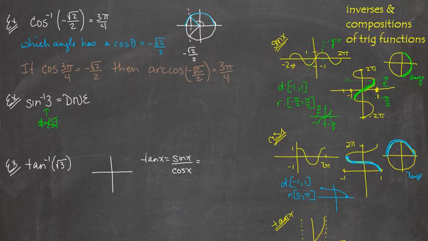But we need this to be root 3 over 1. Writing the tangent function as sine x over cosine x using the left-hand rule, we remember that that's root 3 over 2 and 1 over 2. Sine over cosine, the 2's cancel, leaving me the root 3. So I know that I'm looking for a point where y equals root 3 over 2 and x, the cosine value, equals 1/2.